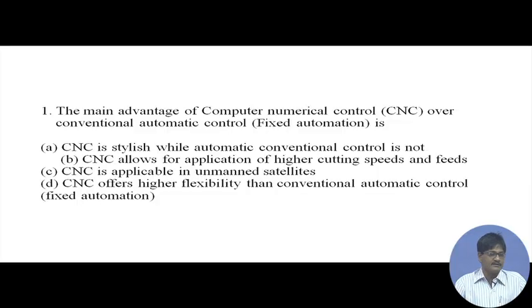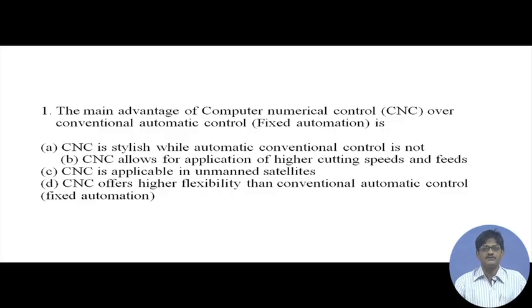Then B is CNC allows for application of higher cutting speeds and feeds. C, CNC is applicable in unmanned satellites. D, CNC offers higher flexibility than conventional automatic control, in brackets, fixed automation.